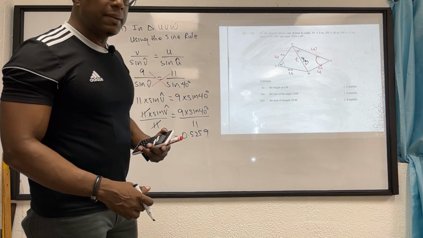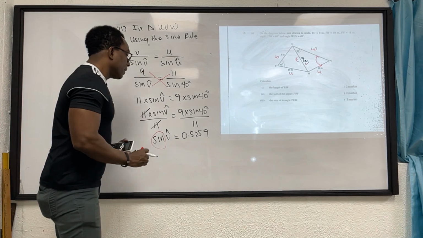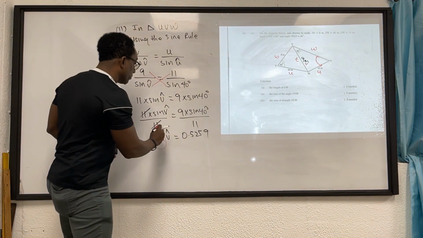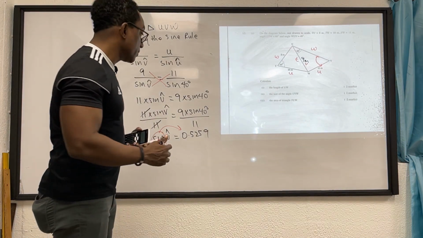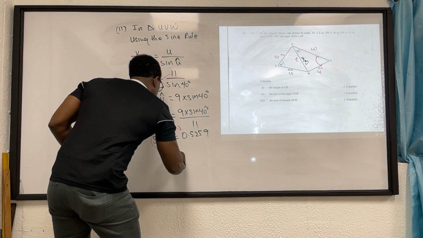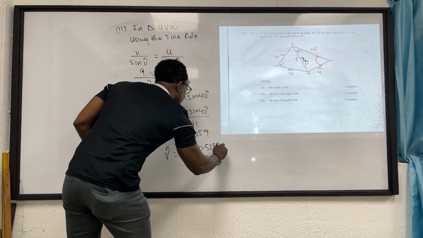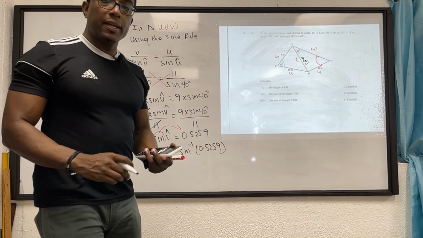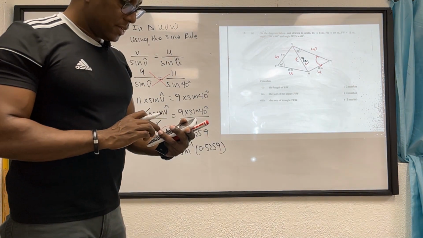To get V by itself, we need to remove sine. When I remove sine, it comes across to the other side of the equal sign as sine inverse. So angle V is equal to sine inverse of 0.5259. When we go to our calculator, we simply press second function, sine.